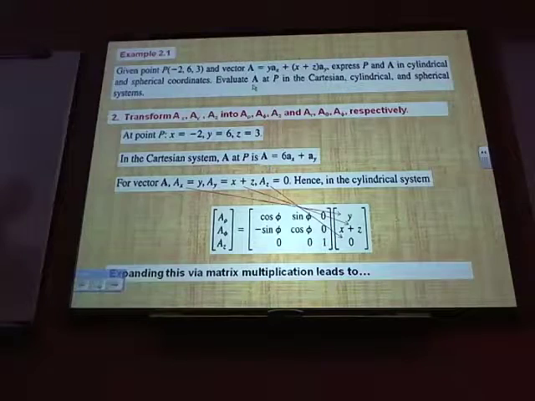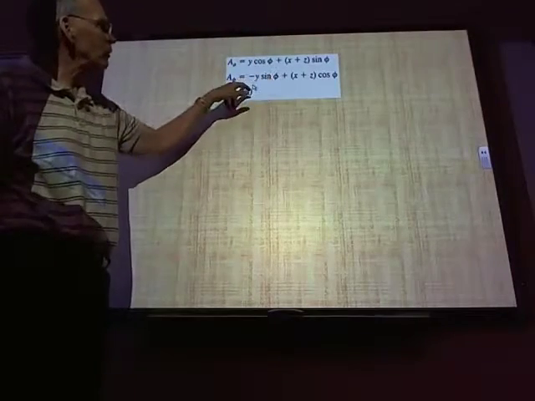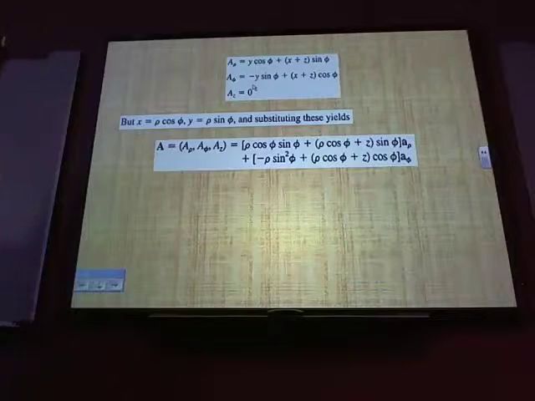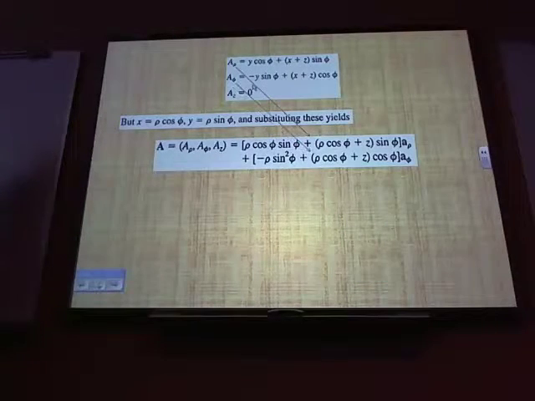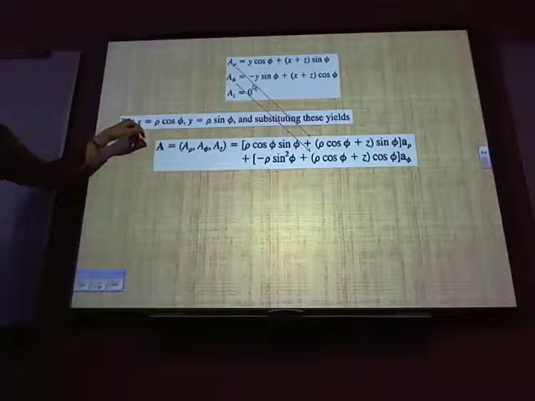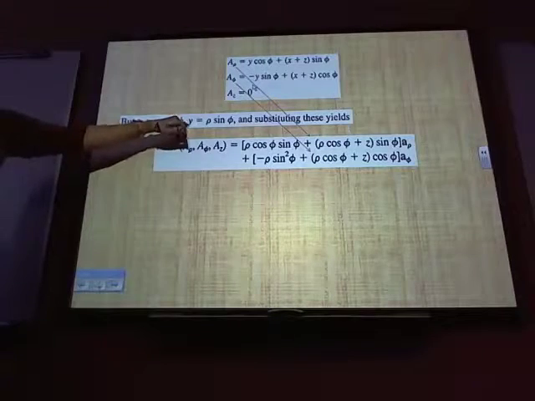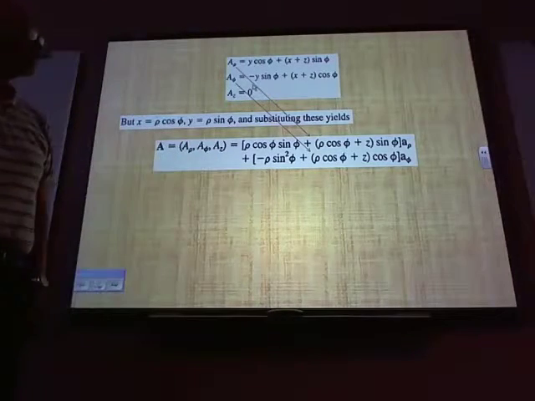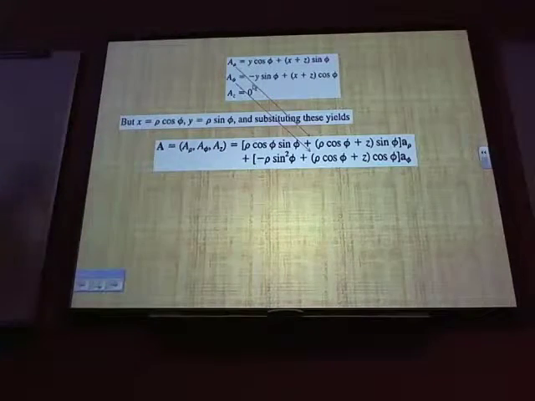And then next, I got to expand this. When I expand it, here's what it looks like. I just multiply it out. Multiply those last terms out, that's what it looks like. And now I'm going to come back, and here's what I realized too. I realized that x is equal to rho cosine of phi, y is equal to rho sine of phi. I just put those in there.